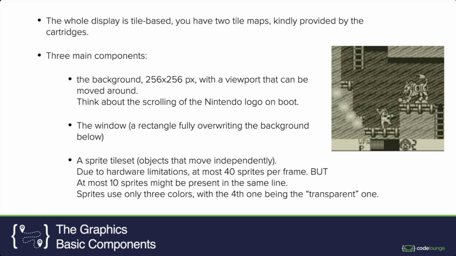Due to hardware limitation, you can have at most 40 of them. But due to other limitations, in a single scan line you can have fewer of them. Sprites are limited to being just 3 colors wide, because the 4th one is always the transparent background. Otherwise, you would always have the blocky effect that you don't want to have.